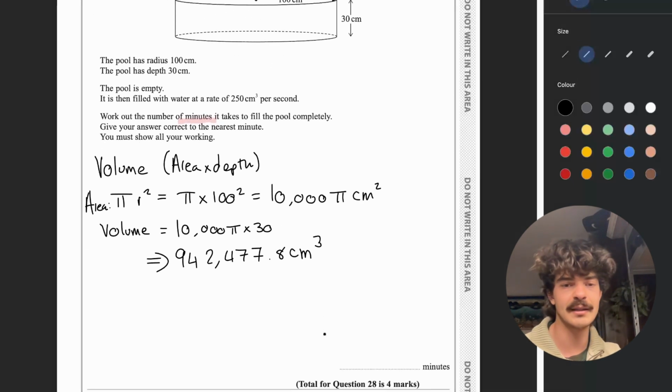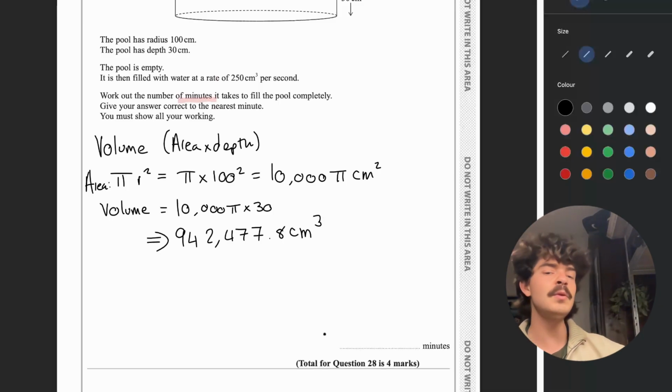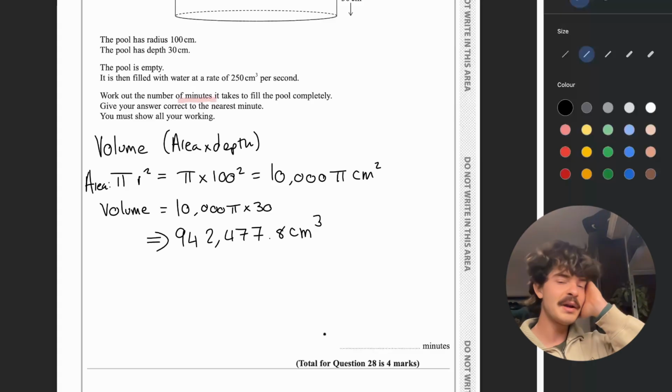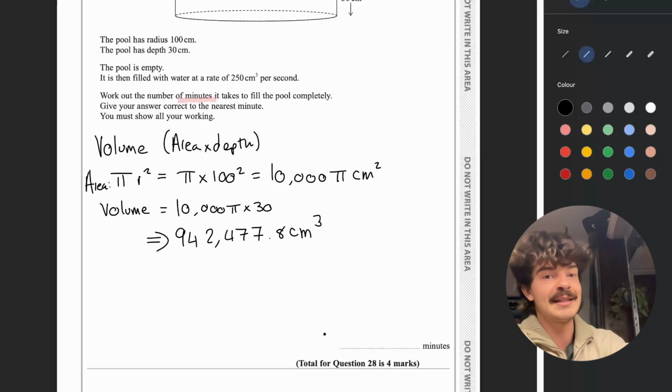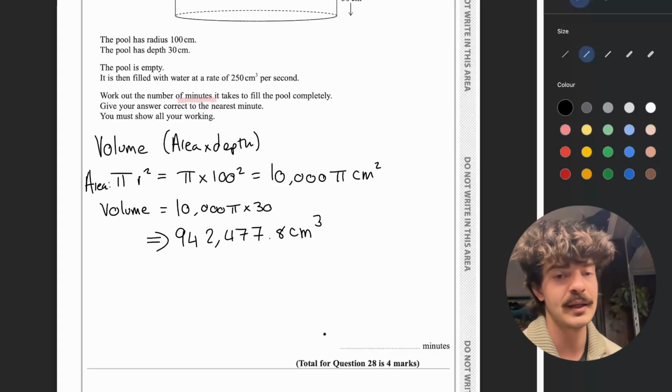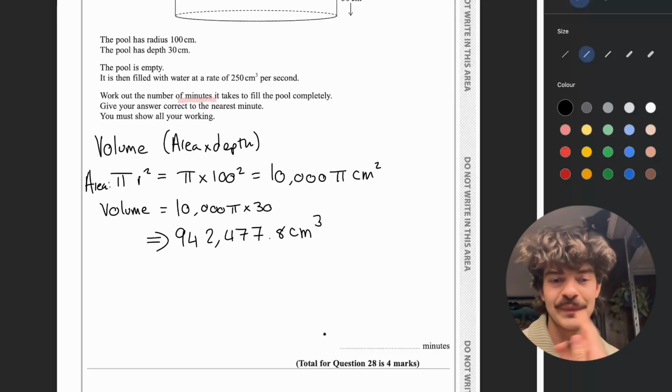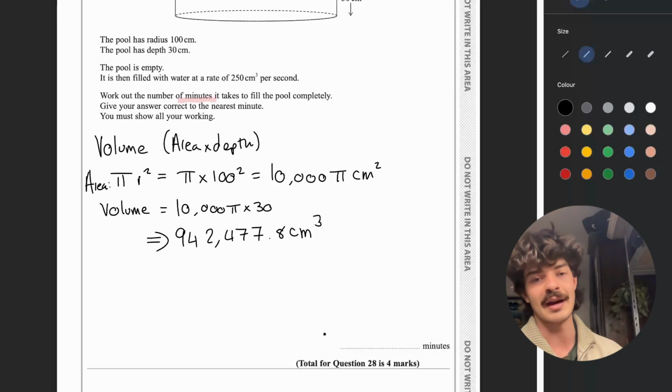Okay, fantastic. Now we've got two things that we can do here. We now know the whole volume. And we can figure out how many seconds it's going to take by figuring out how many times that 250 goes into this 942,000. Or we could start by figuring out what the rate is that it's filled at per minute. That's going to make our calculation a little bit easier, I think.